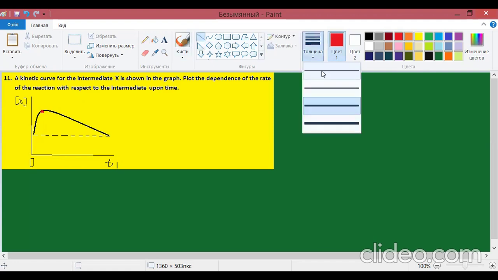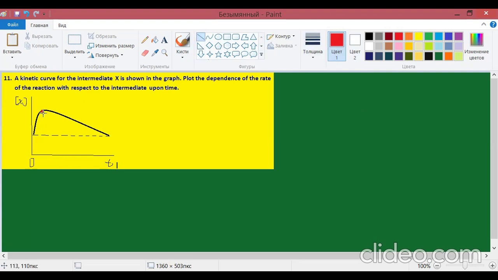Let us determine the time when the concentration of the intermediate reaches the peak. Let it be t sub max.